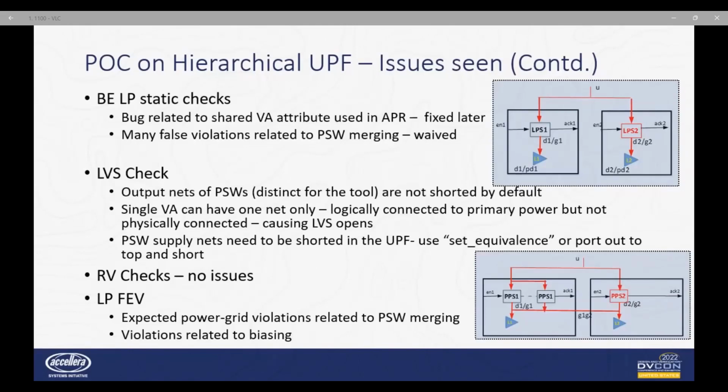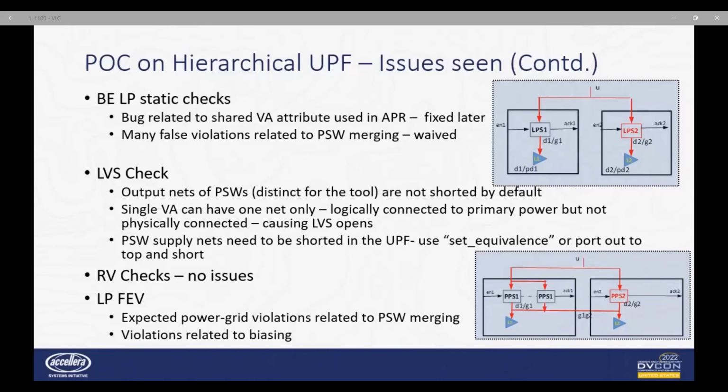So this will create an LVS open. There are two solutions for this. Either we use the set equivalent command of the UPF to short this output supply net, or port this output supply net of the UPF to the parent UPF and short them out together.